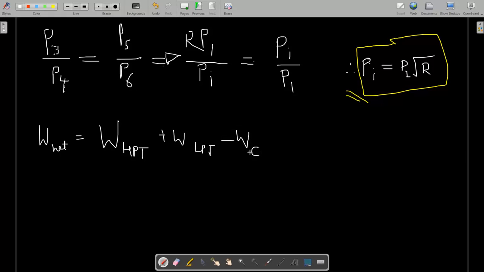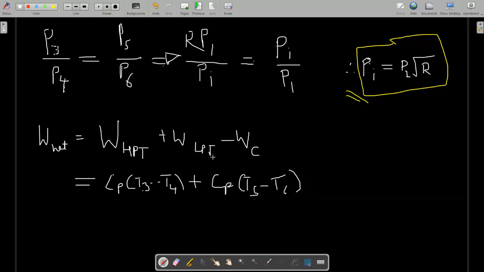Because in compression we have to give the work, so the work is added to the system, and it is taken as negative as per the first law sign convention. In the high pressure turbine, Cp into T3 minus T4, plus Cp into T5 minus T6. This is the work done equation for the Brayton cycle for the high pressure and low pressure turbines. I am not taking the mass m Cp because per unit kg is given, so there is nothing to worry about the mass.